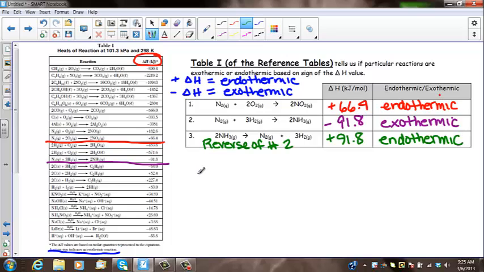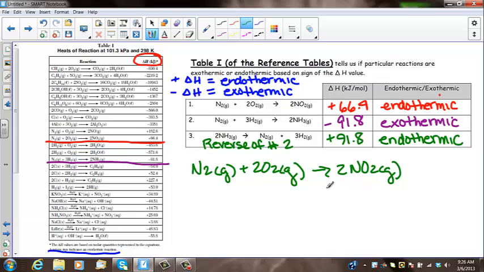Now, one thing that I want to point out while we're here on Table I. Let's go back to number 1. N2 plus 2O2 yields 2NO2 gas. We said that this was a positive 66.4 kilojoules per mole.